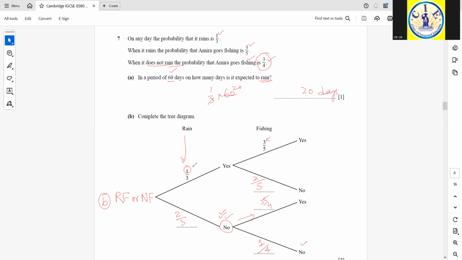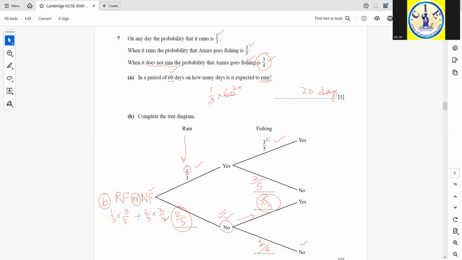So the probabilities are, for rain, 1 by 3, and then she goes fishing, that is 3 by 5. For or, we use a plus sign in probability, and for no rain, the probability was 2 by 3. So here is 2 by 3 times she goes fishing, that is 3 by 4.